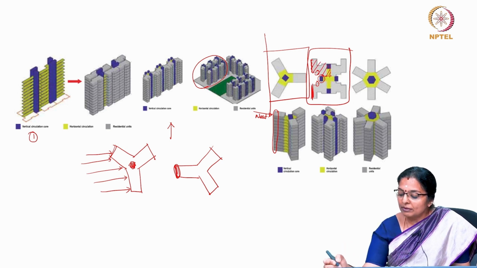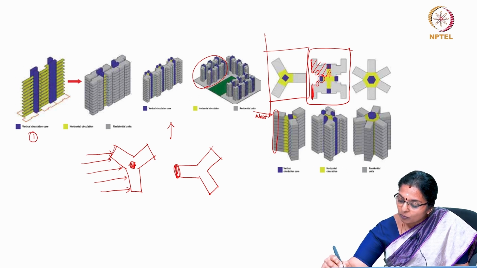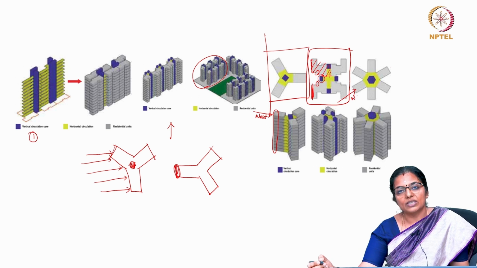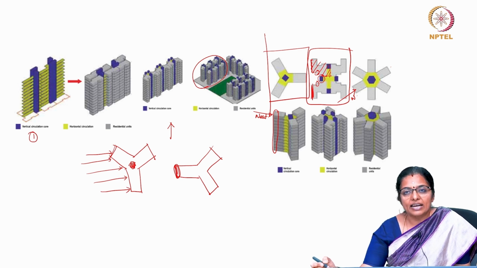This house is highly unlikely to have direct solar radiation unless otherwise one of these directions is the western direction, direct western direction. And based on this, you must arrive at a proper form.